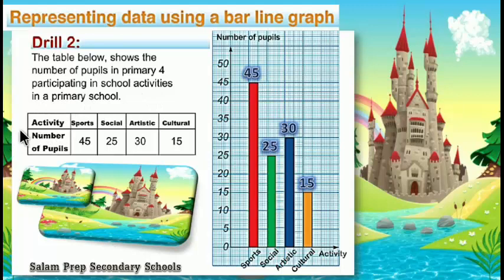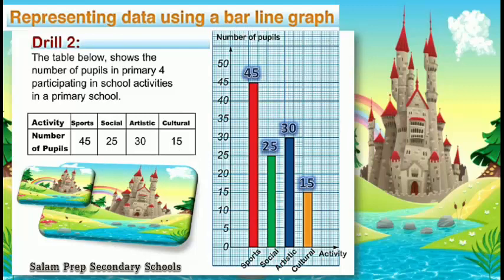Please look with me. This table indicates activity and number of pupils. Activities like sports, social, artist, culture. Number of pupils 44, 25, 30, 15. Now we need to represent these data using a bar line graph. Please take care.